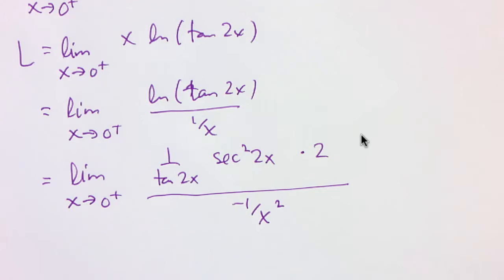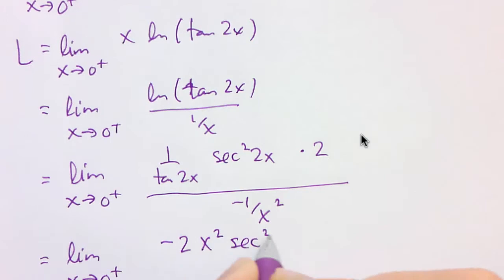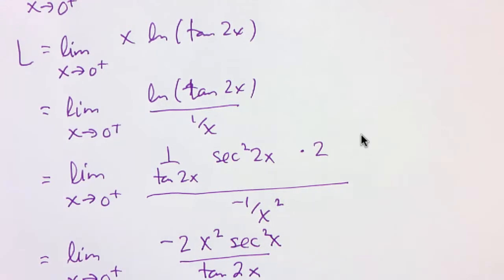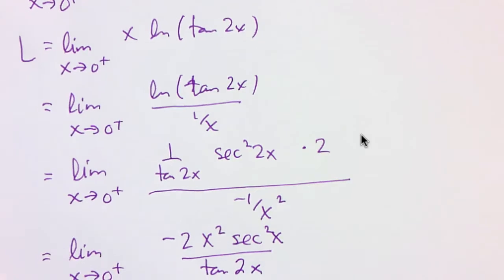This doesn't appear to have been helpful, but if I clean up, still doesn't look helpful. Let's try taking these trig functions and replacing them with sines and cosines. Maybe that'll get us somewhere.